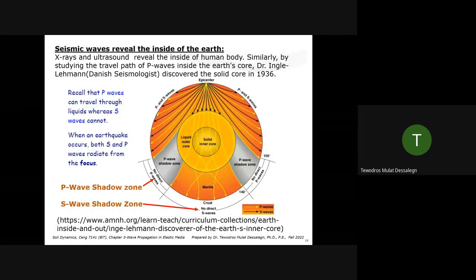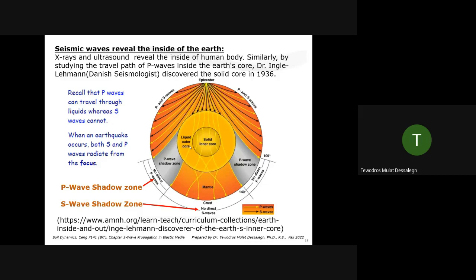In the solid part, you can see both P wave and S wave. The P waves are those in yellow. The S waves are those in the dark or black arrows you can see here. So before it touches the liquid, you can see both P wave and S wave. But once it touches the liquid outer core, only the P waves, the yellow, pass. You no longer have the S wave, which is the darker color.